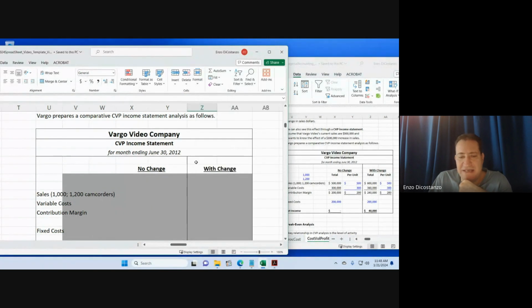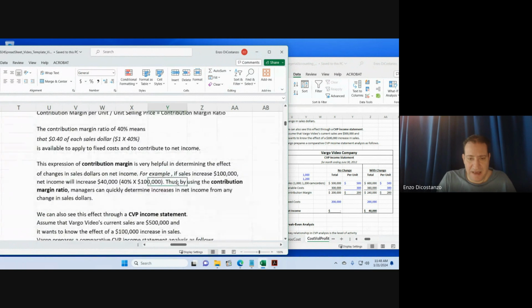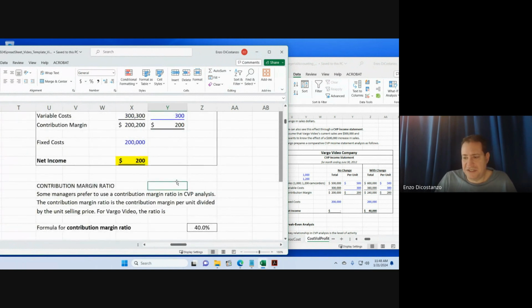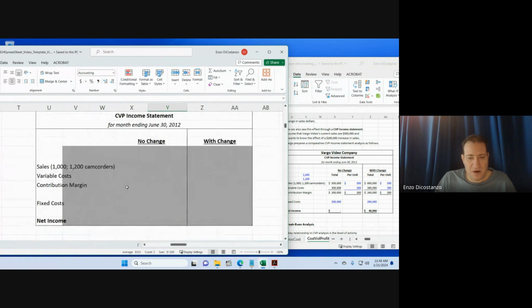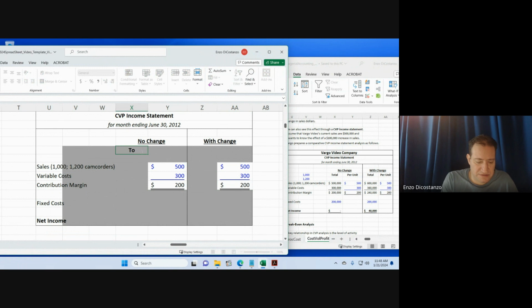Okay, so how do we get to everything here? Let's do this with a little efficiency. Let's pull out our per unit numbers. Sales, paste, paste. This is total, and this is per unit.